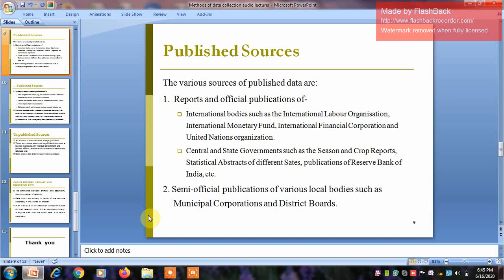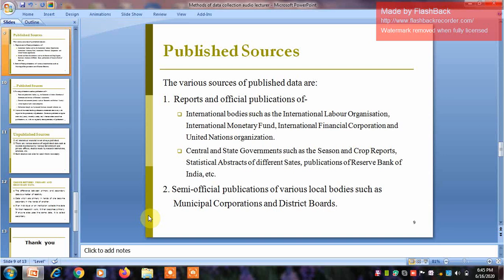Say if we are doing research on financial inclusion, some kind of project reports on finance topics, we can get access to reports such as those given by the International Monetary Fund, International Finance Corporation, that is IFC, and the United Nations Organization.